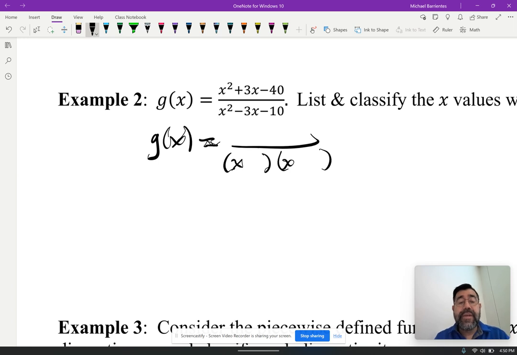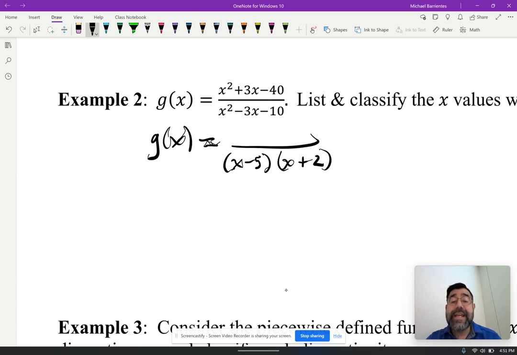If we factor x squared minus 3x minus 10, I believe you get x minus 5 and x plus 2. That's the factorization of that quadratic on the bottom. So what does that tell us? If I substitute an x value of 5, 5 minus 5 would be 0, and 0 times 5 plus 2 is going to be 0 as well. So x equals 5 is one of those places where there could be a discontinuity.